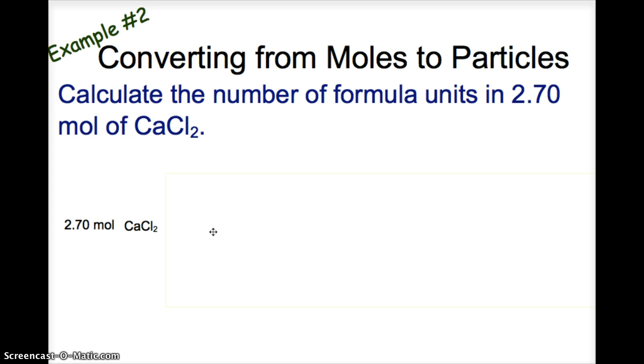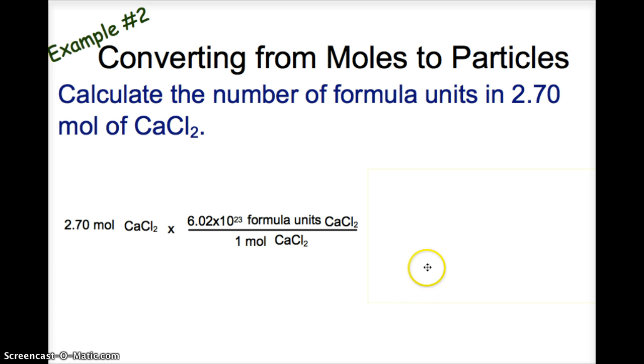And now I'm going to apply an equivalence, and that equivalence is going to be 1 mole is equal to 6.02 times 10 to the 23rd. Something has to go in the numerator, something has to go in the denominator. In this case, I end up putting the 1 mole of calcium chloride in the denominator, and Avogadro's number, 6.02 times 10 to the 23rd formula units, in the numerator.